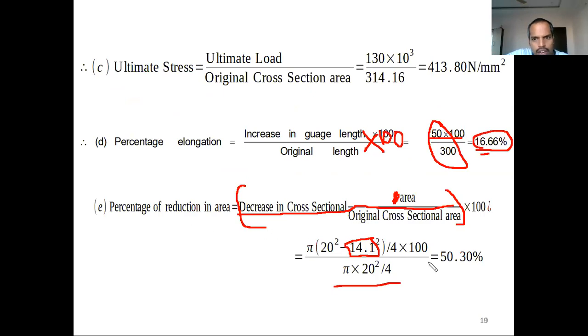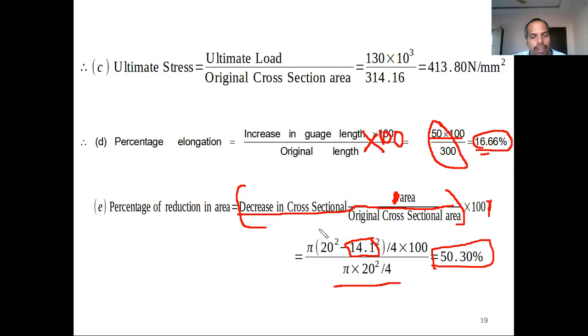So what is the reduction in area? See how much it is reduced. The area is reduced to 50%. The diameter is reduced from 20 to 14.1, but the area is reduced to 50%. Don't think that if it is reduced to 10 mm, then it will be 50%.